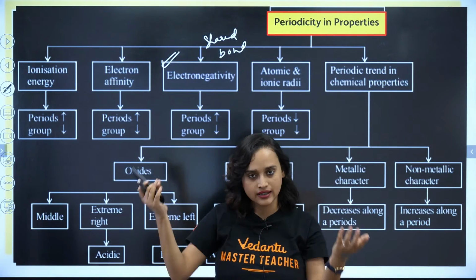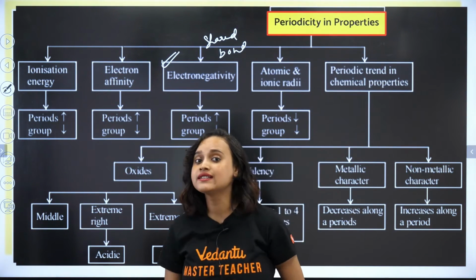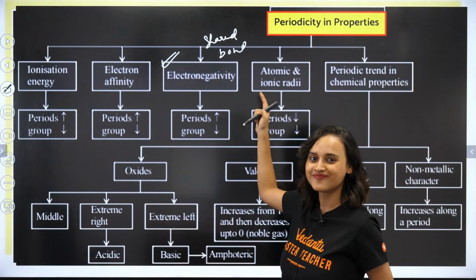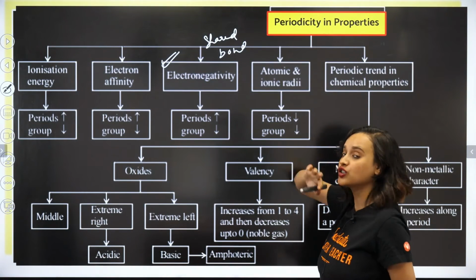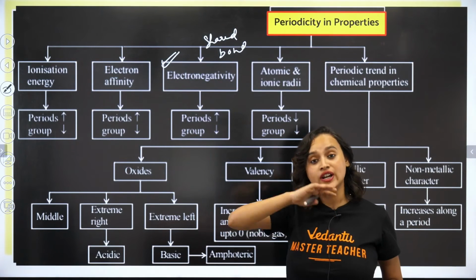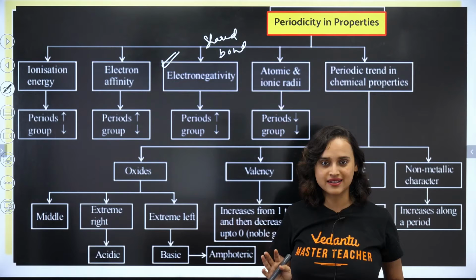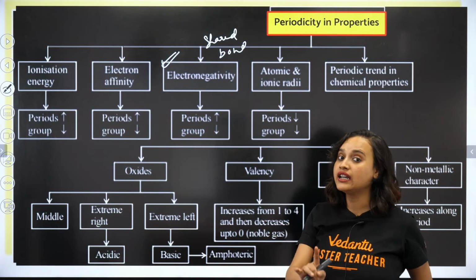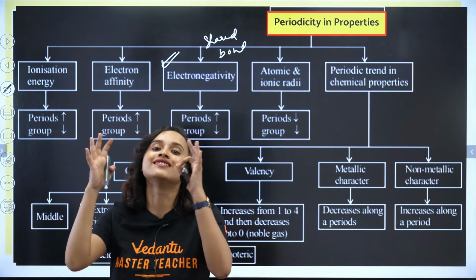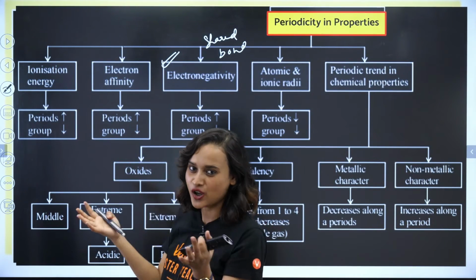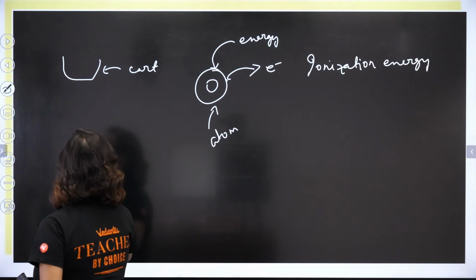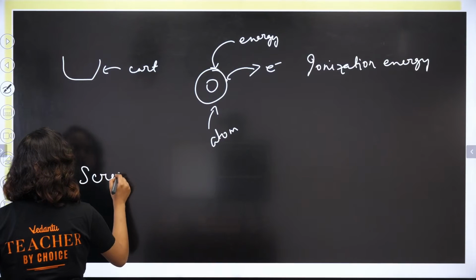This is the only one that is opposite to all the other properties, because atomic and ionic radii decrease across the period, whereas down the group it increases. However, for group 18, the noble gases, it's huge. Apart from that, there is another property called screening effect or shielding effect.